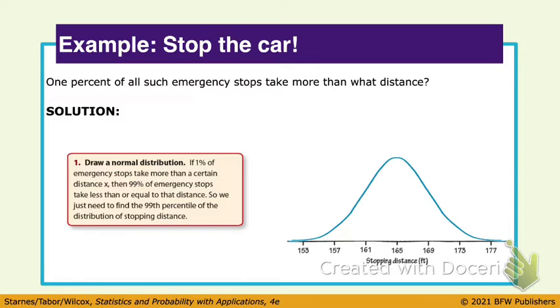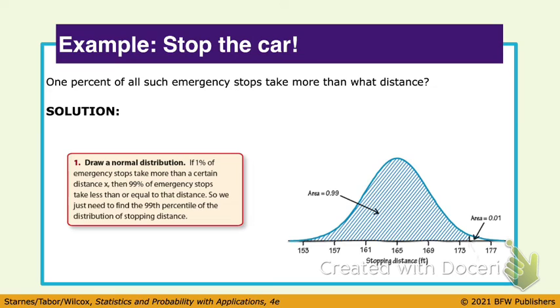So if it cuts off the top 1%, what does it cut off below that? 99%. Perfect. So the top area is 0.01 or 1%, but we're looking for the number that cuts off the lower 99%, which is the same number.